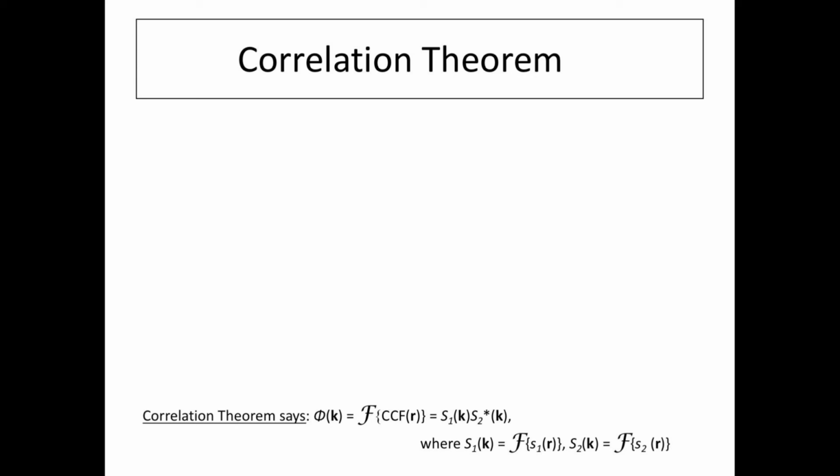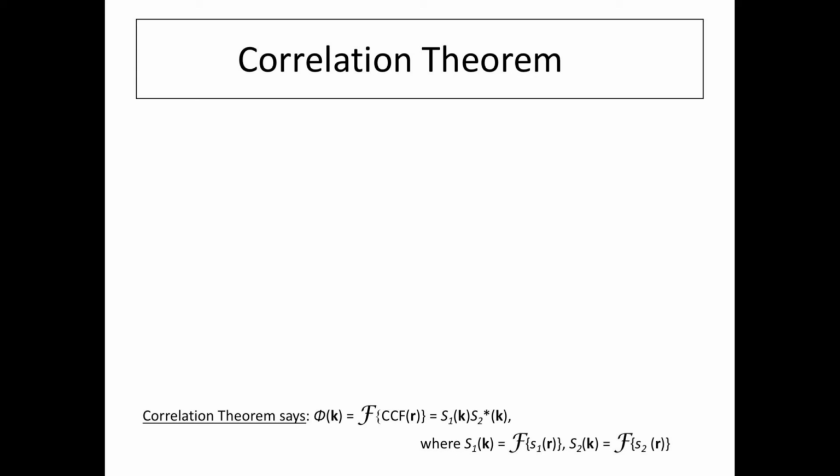But in this case, the Fourier transform of the cross-correlation function is simply equal to the Fourier transform of one image times the Fourier transform of the other one conjugate. We take the conjugate of the other one. That's all we need to do.